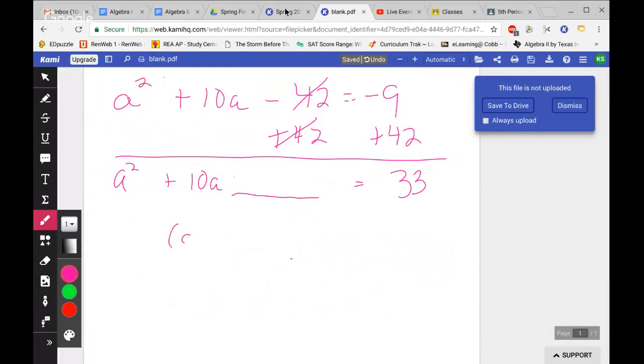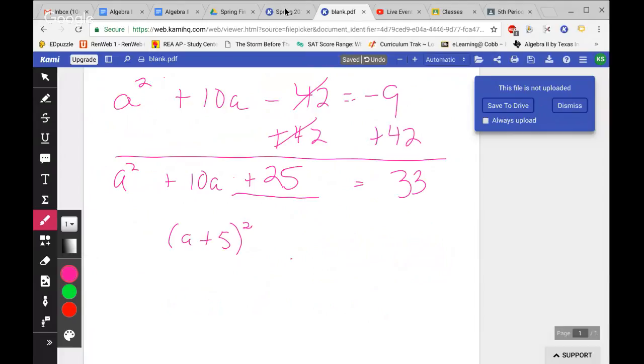So that's where I can write, because I know for a fact that I'm going to create a perfect square of this binomial here. Does that make sense? Yes. Okay. So what is 5 squared? 25. So now half it, square it, add it.